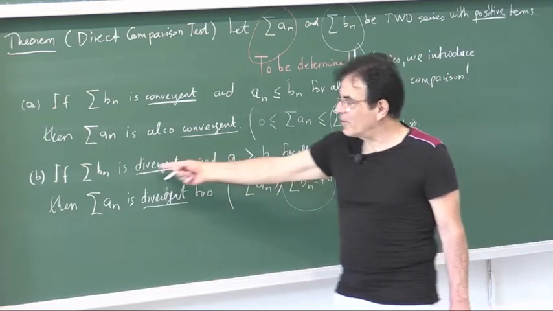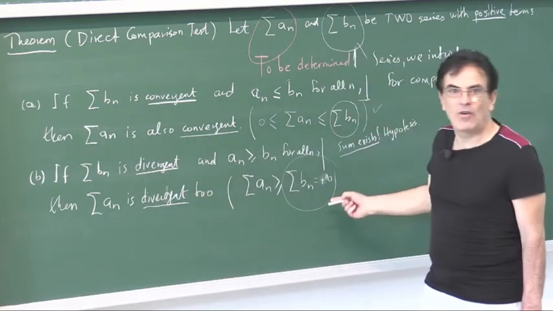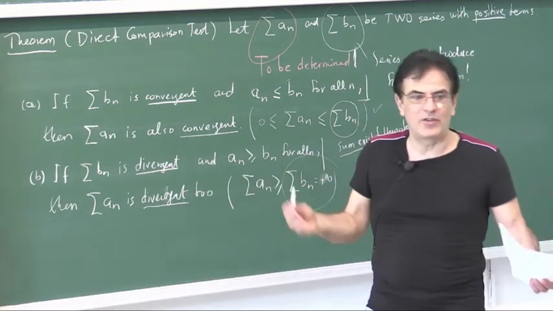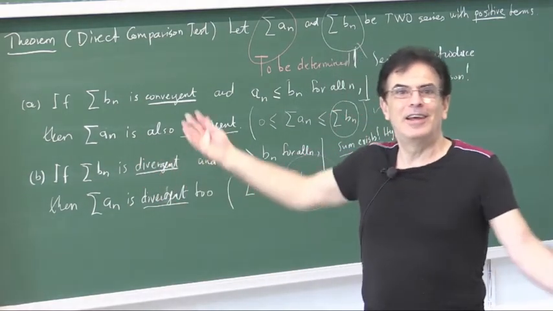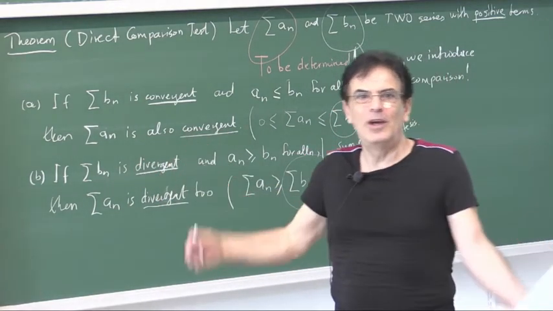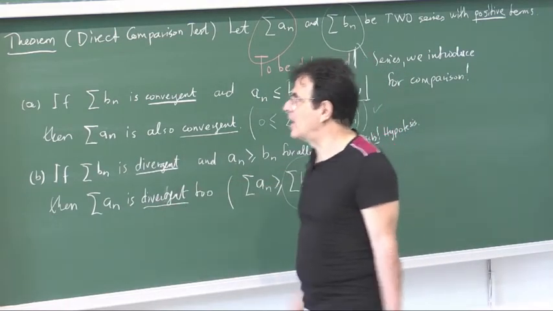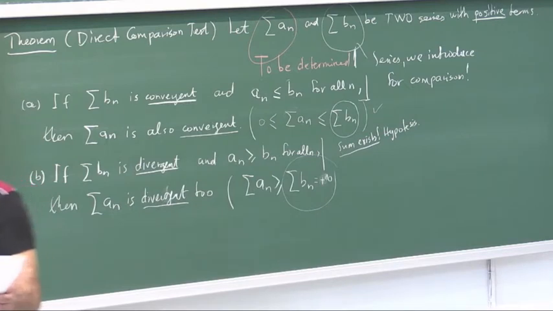We compare it with a divergent series, which diverges to plus infinity. The sum of our series is larger than a divergent series, so it is also divergent by a simple comparison argument. That's all. Okay?